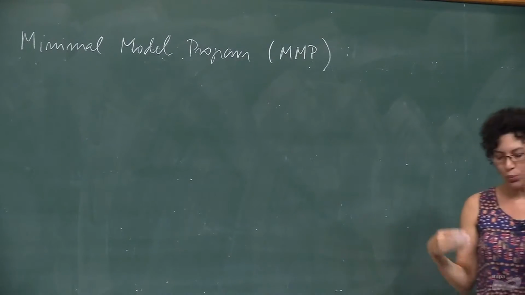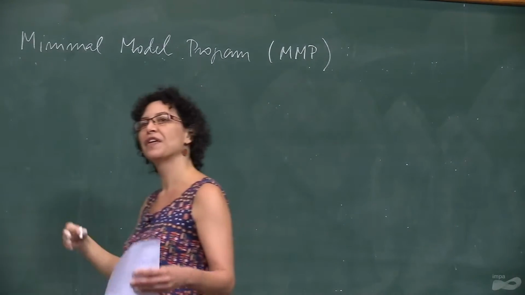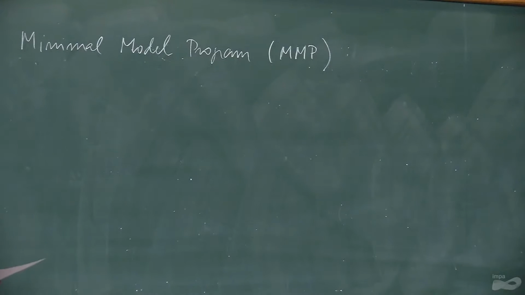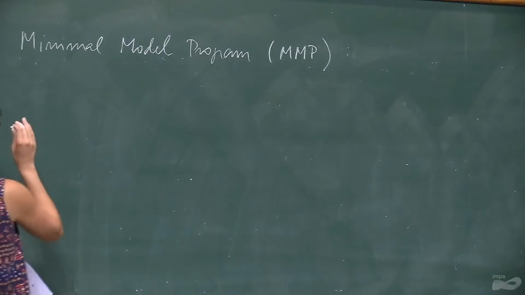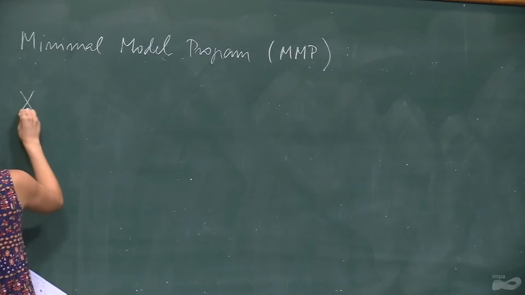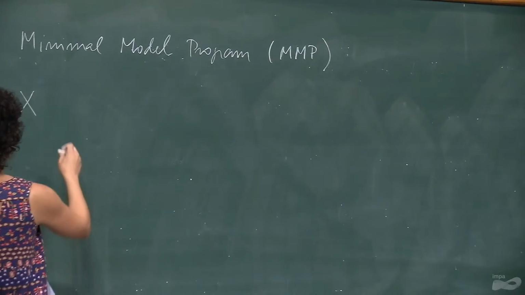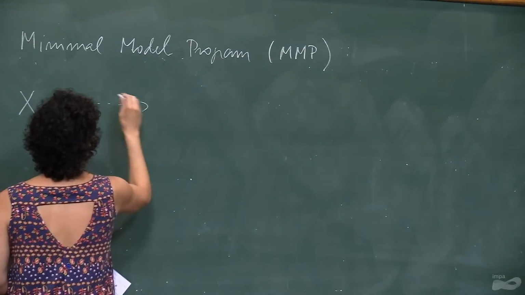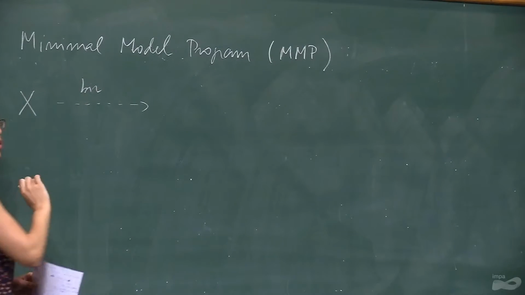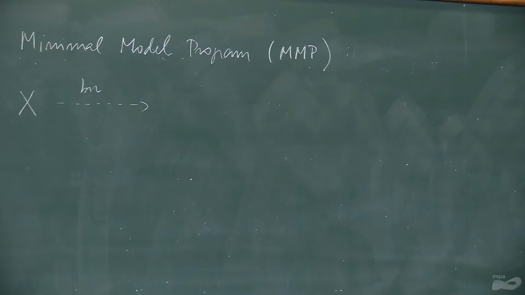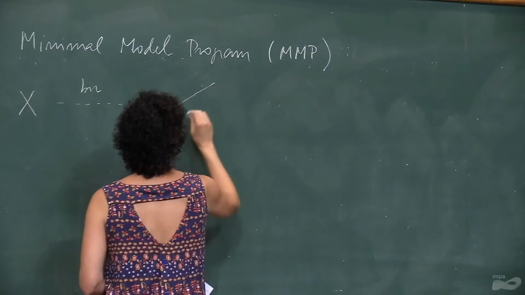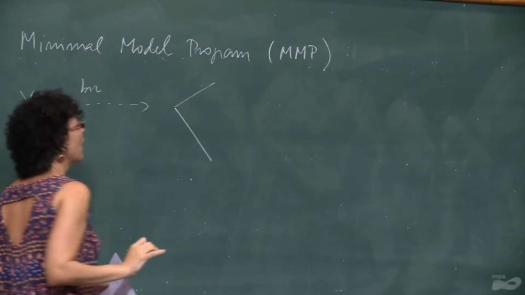The minimal model program is a classification program in higher dimensional algebraic geometry, which does the following. The input to this program is, let's say, a smooth projective variety X. And then the program gives you an algorithm to perform a bunch of birational transformations on X. And then in the end, the output can be 2 different things.